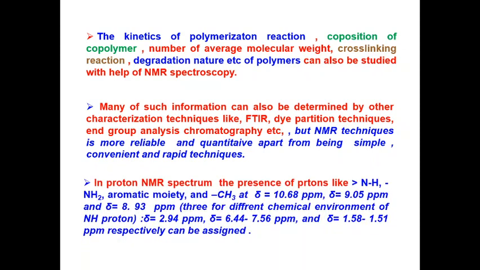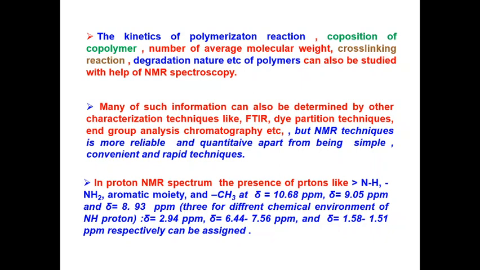In proton NMR spectrum, the presence of protons like NH, aromatic moiety, CH3 are all identified by chemical shift values, and they are measured in ppm.